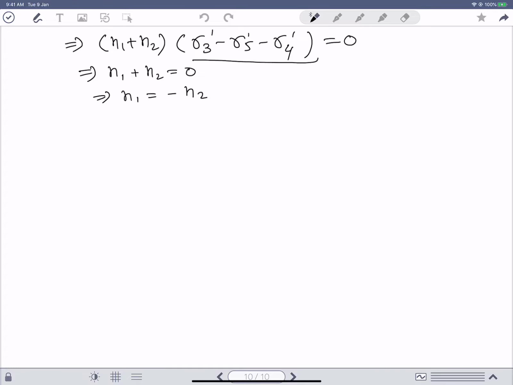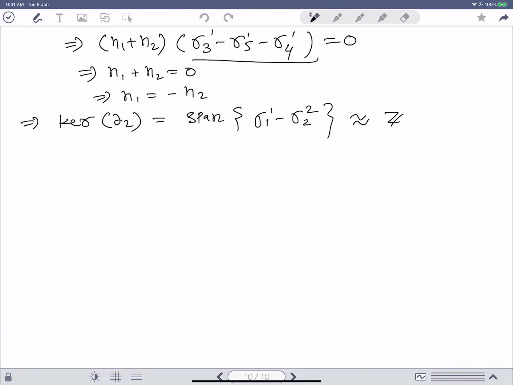Now that implies the kernel of delta 2 should be spanned by sigma 1 minus sigma 2. Okay, and since it is spanned by a single object, it is isomorphic to Z.